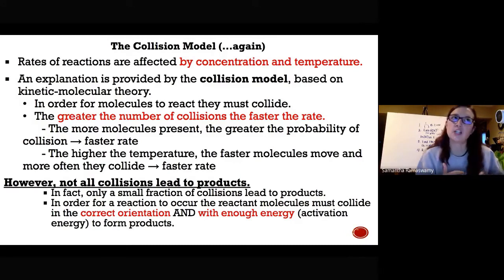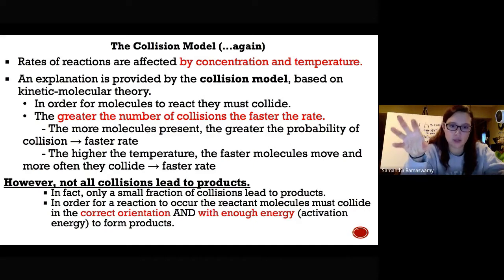Now, orientation is really based on what your reactants must do to turn into products. If you have something that you're forming, NO2Cl is always a common one, you have NOCl colliding with, let's say, oxygen, O2.